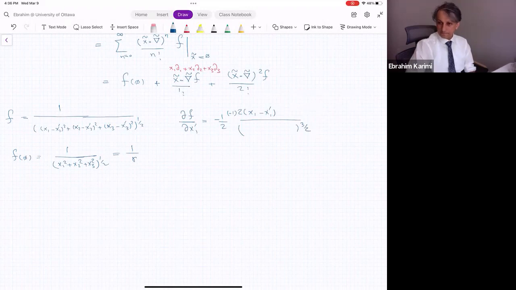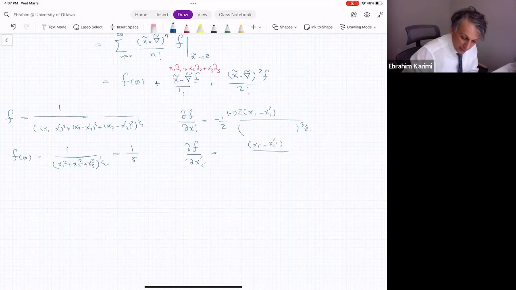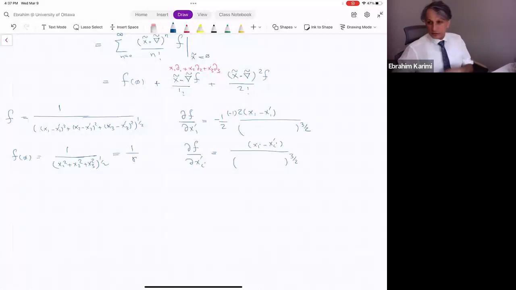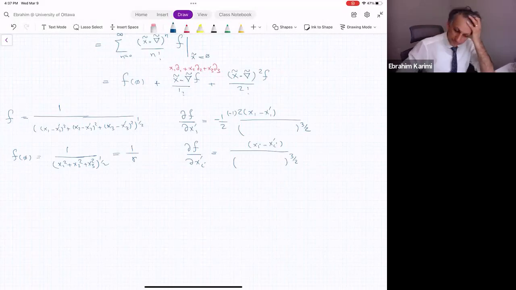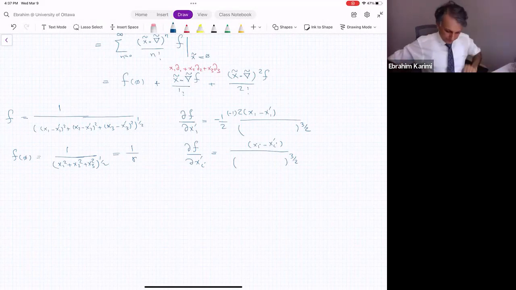All right? Good. I can write that also in a general fashion. The derivative of f with respect to any x prime i is, the 2 goes away, the minus sign goes away, (xi minus x prime i) divided by the denominator to the power of 3 divided by 2. That is true for x prime 1, x prime 2, and x prime 3.